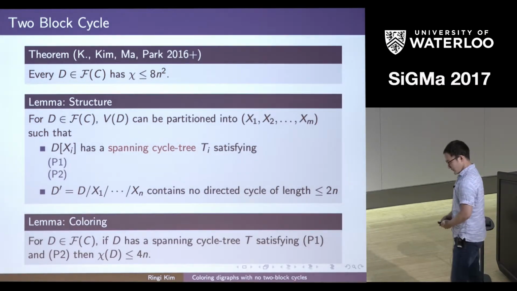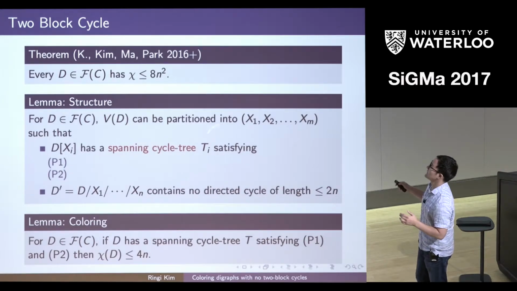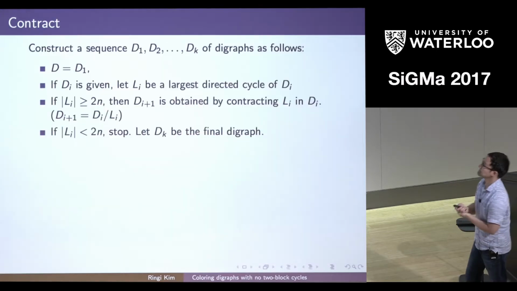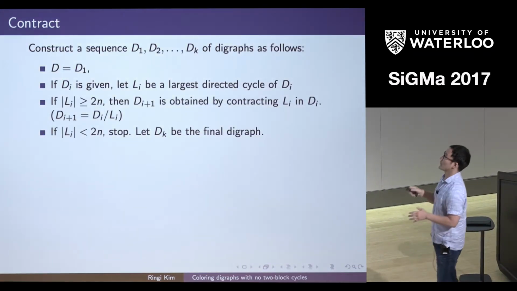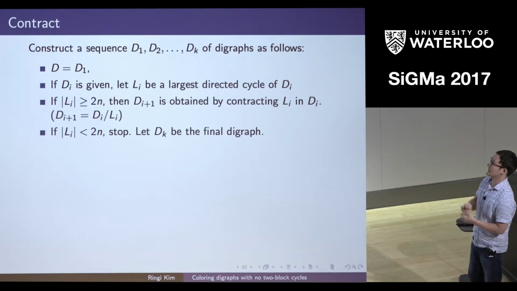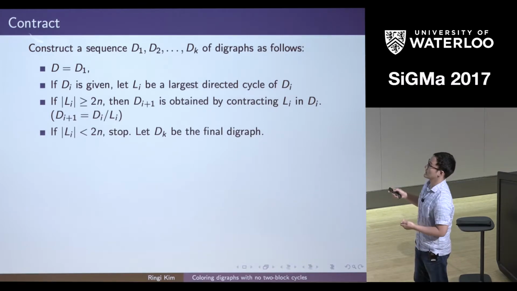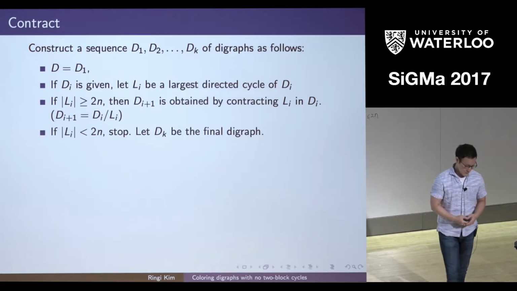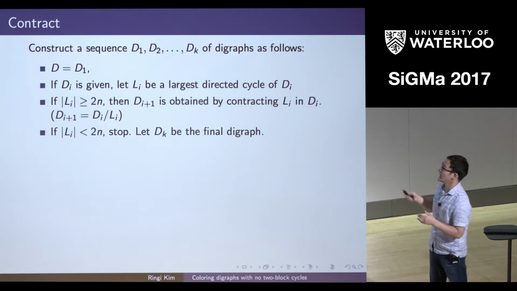And now we are going to see how to partition V(D) into X1, X2, up to Xm such that this holds. We are going to construct a sequence of digraphs D1, D2, up to Dk as follows. So we start with digraph D, so we set D1 to be D. And if Di is given, we look at its longest cycle, and say this is Li.